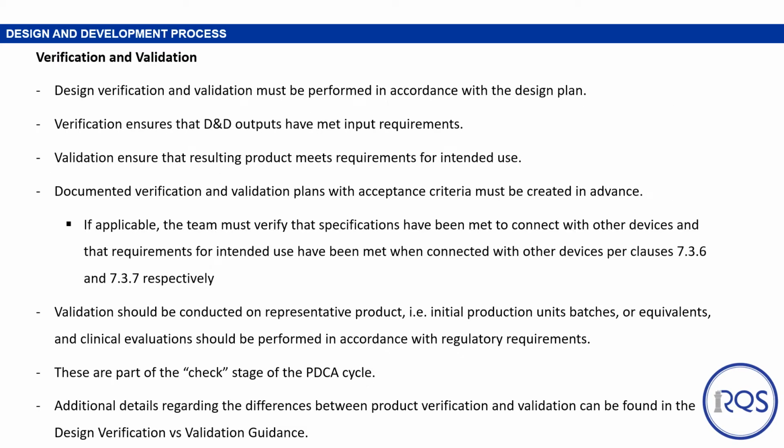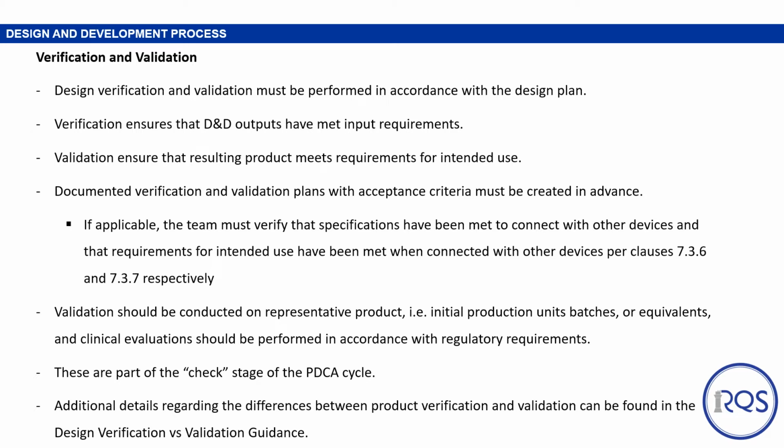The next phases are design verification and validation. Design verification and validation must be performed in accordance with the design plan. Verification ensures that the design outputs have met input requirements. Design validation ensures that the resulting product meets requirements for intended use. Documented verification and validation plans with acceptance criteria must be created in advance. If applicable, the team must verify that specifications have been met to connect with other devices and that requirements for intended use have been met when connected with other devices, per clauses 7.3.6 and 7.3.7 respectively.